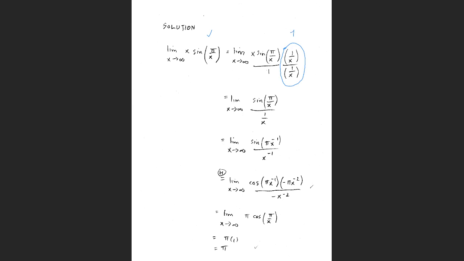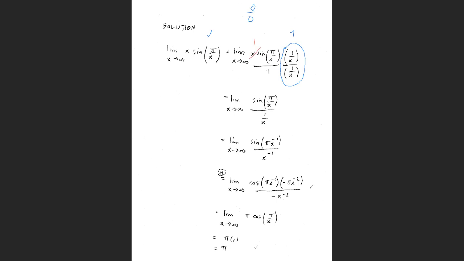I'm just rewriting the expression. Now you might wonder why I choose to do that. Well, I'm hoping to get an indeterminate form like perhaps 0 over 0. So let's see if this worked.